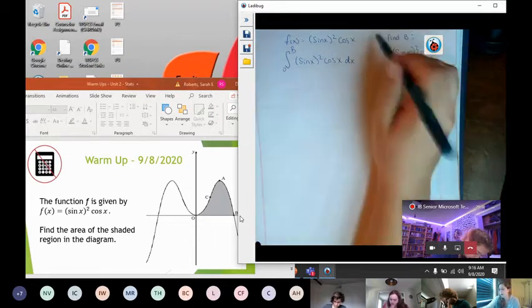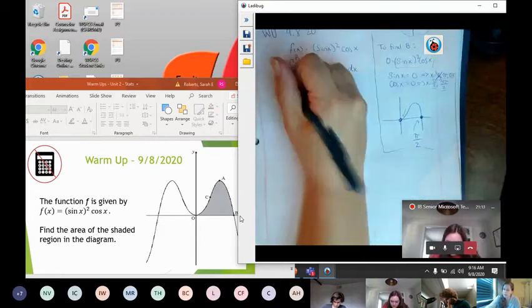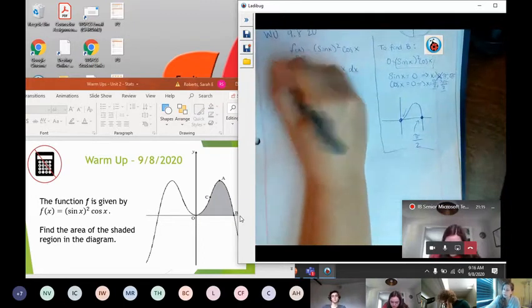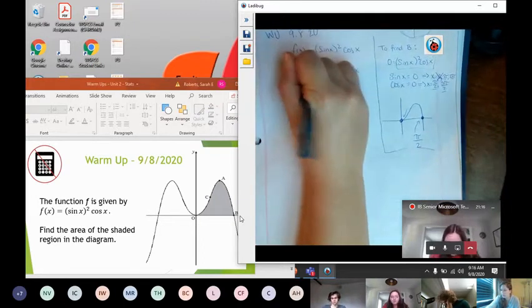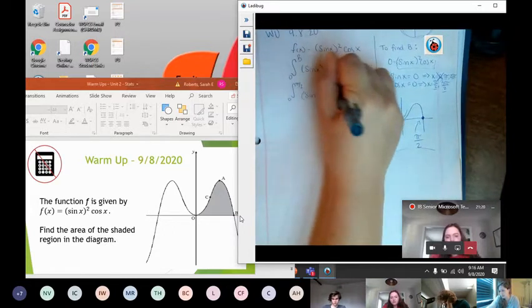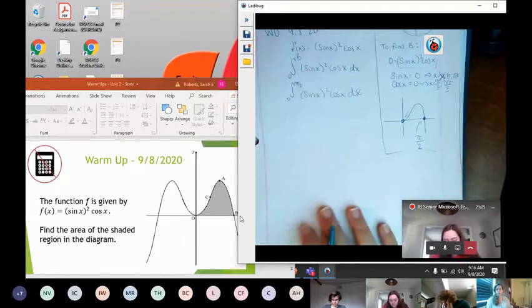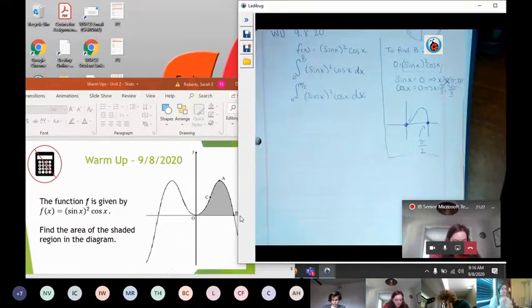Okay, so all of that was to find b. Now we need to go back up and stick it in there. So the integral from 0 to pi over 2 of sine x squared, cosine x dx. And now we've actually got to do the integrating part. Kana, are you here?